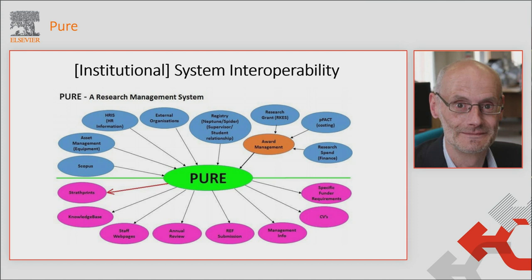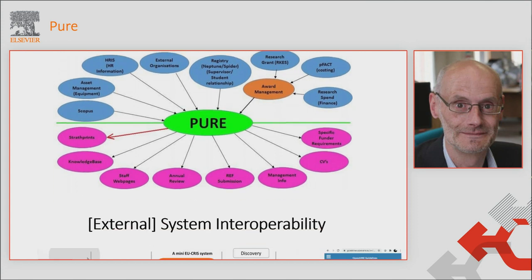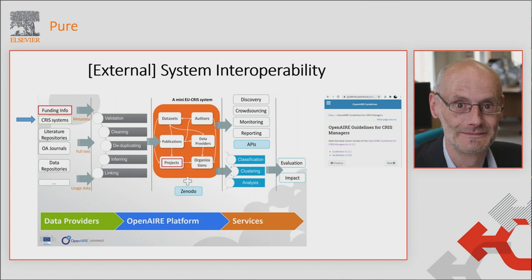So the papers selected for research assessment are again submitted from Pure, from the CRIS, because the CRIS is able to interoperate with the research assessment systems as well. Next slide, please. More importantly, you have external system interoperability as well.